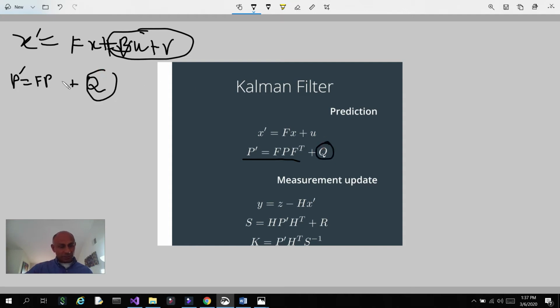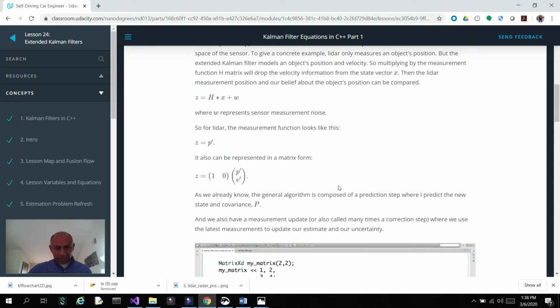This is another manipulation. This is another Pandora's box, if you will. So these are the 2 equations for prediction. We saw the update equations a little while earlier. These are the prediction equations. Okay, wonderful. All right, and go back here one second.